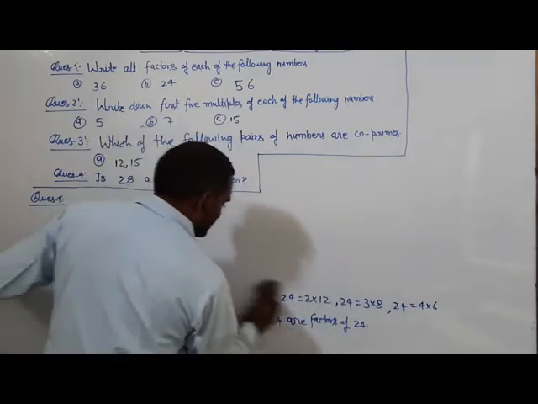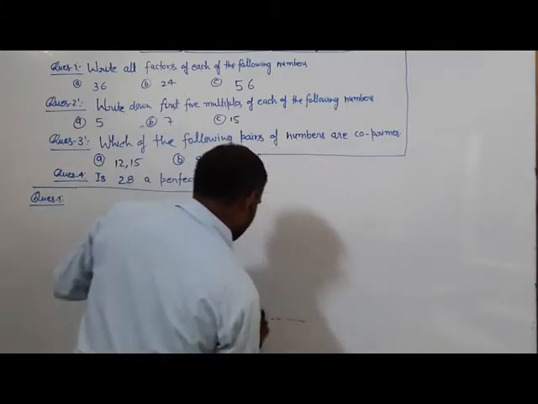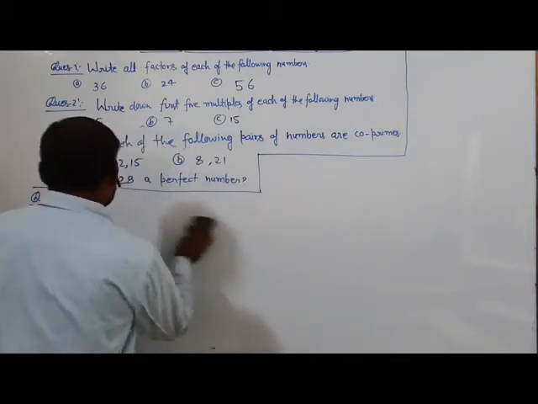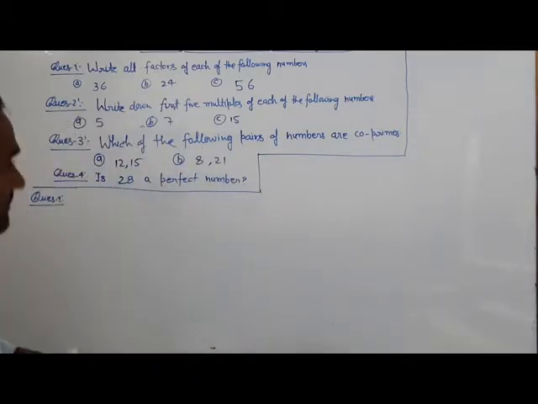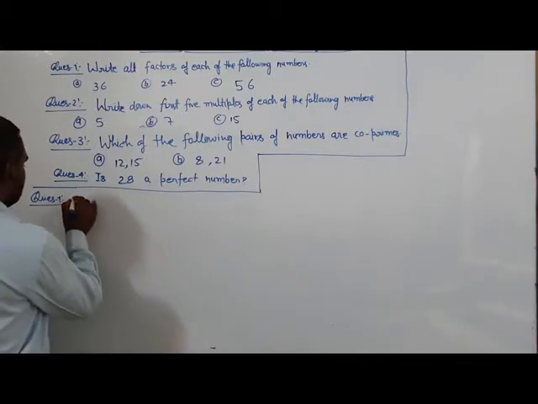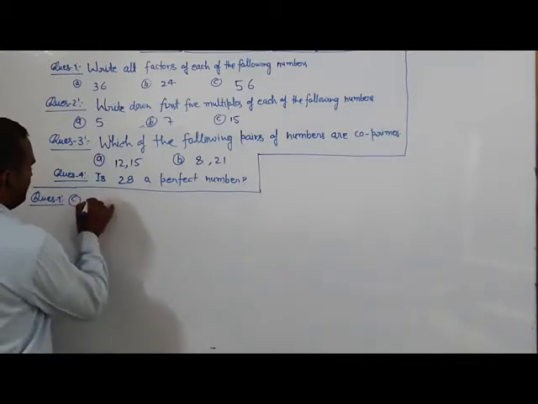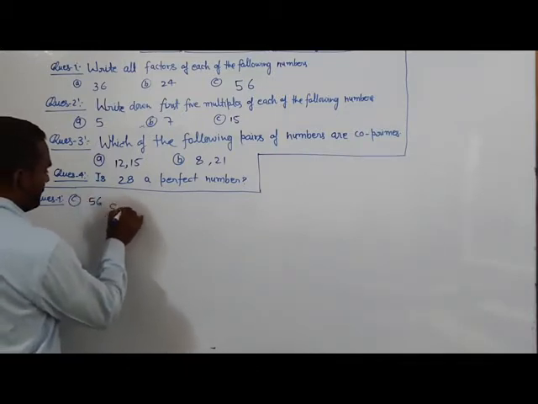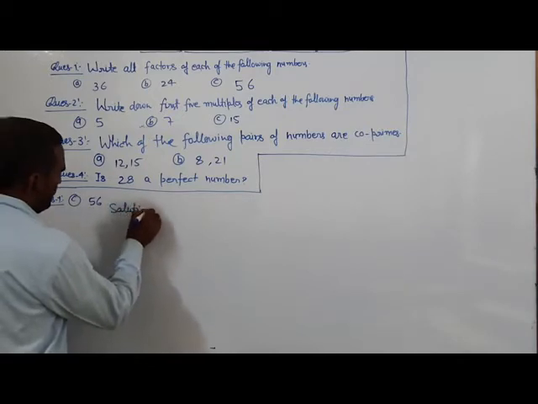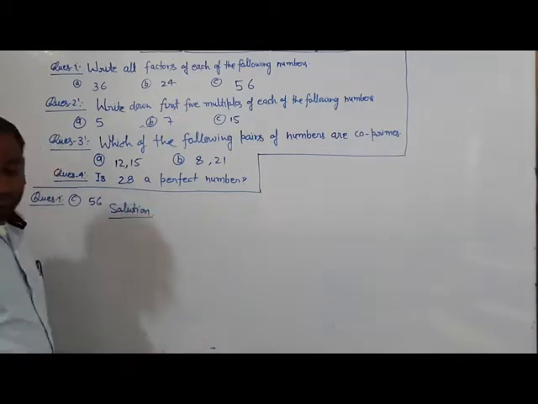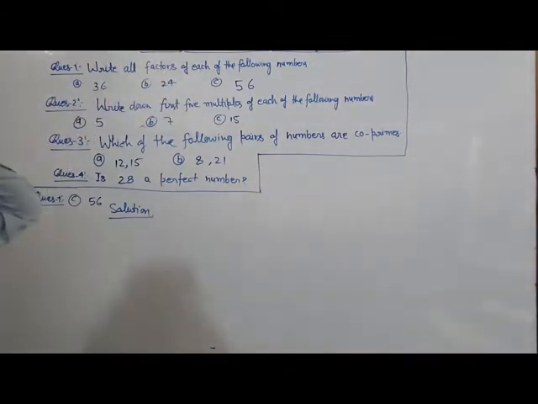Now we see option C of question one: 56. We have to find the factors of 56.